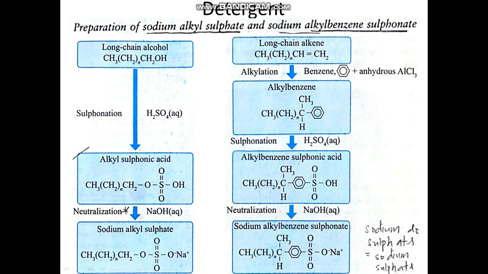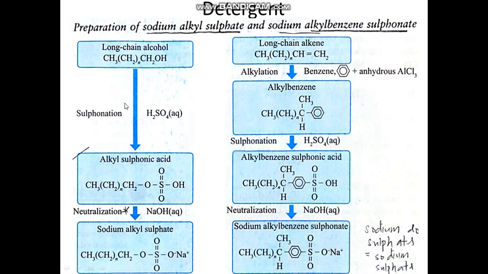Okay, let's see the first one. This one, no screw, S surrounded by 4 O. This one, S surrounded by 3 O and 1 screw. Sulfonation. How to carry out the process of sulfonation? Add what? Yes, add sulfuric acid, H2SO4.